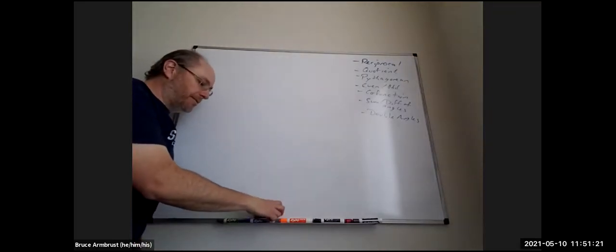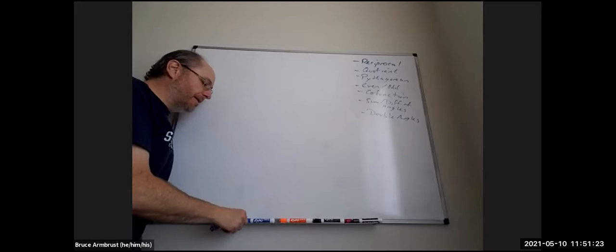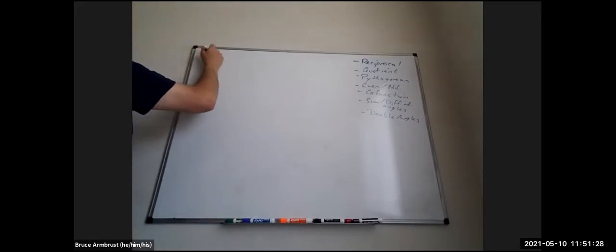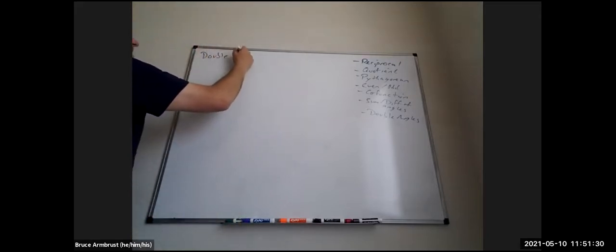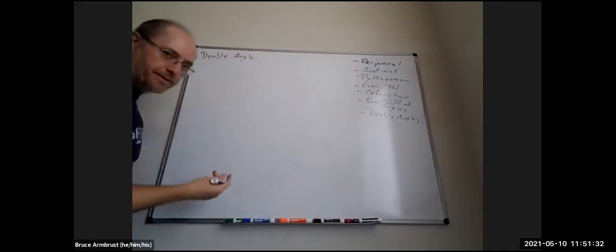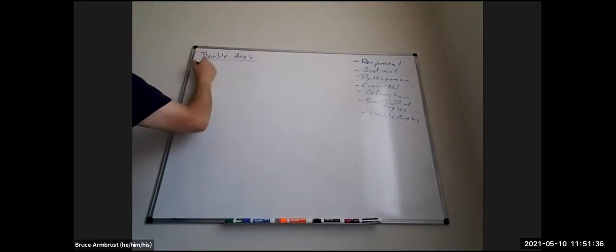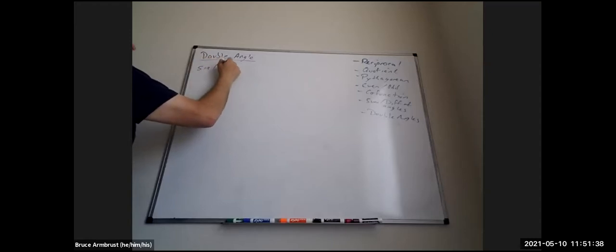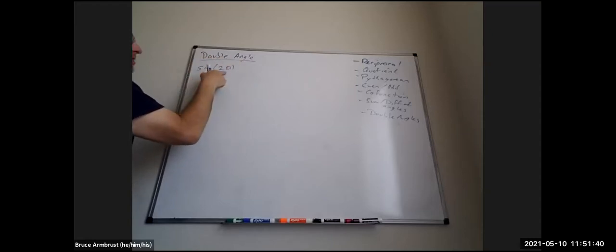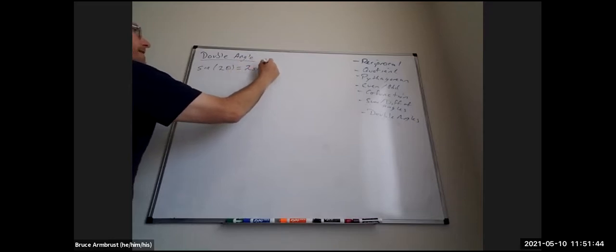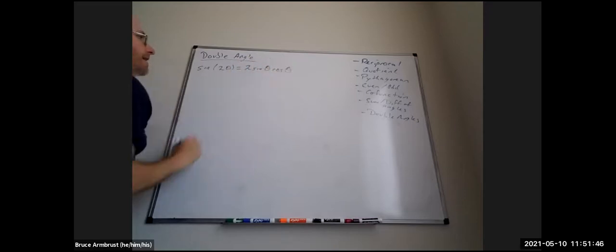So the most recent ones were the double angle, and I do want to bring those back. You didn't ask any homework questions about them yet because those aren't due yet, but I want to remind you of these. The double angle identities were exactly what they sound like. We start with two angles, so sine of 2 theta became 2 sine theta cosine theta.